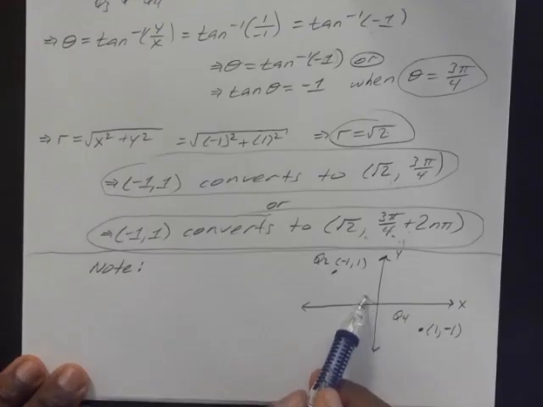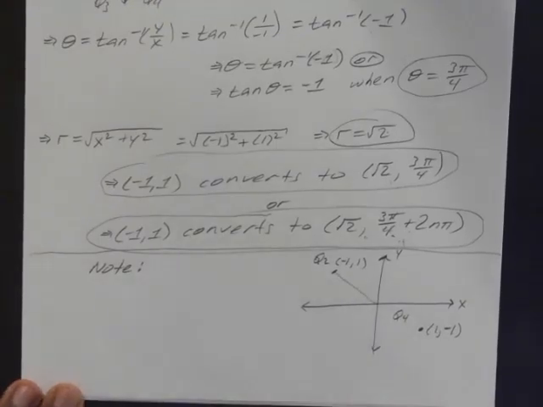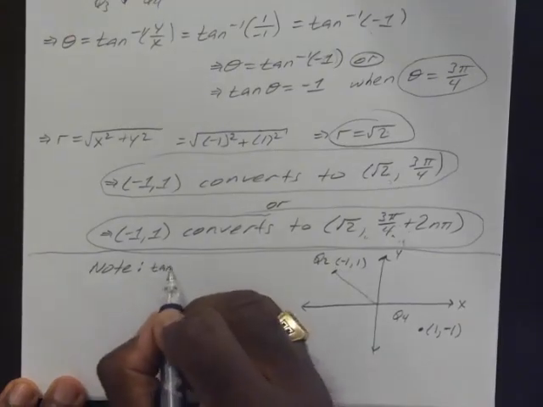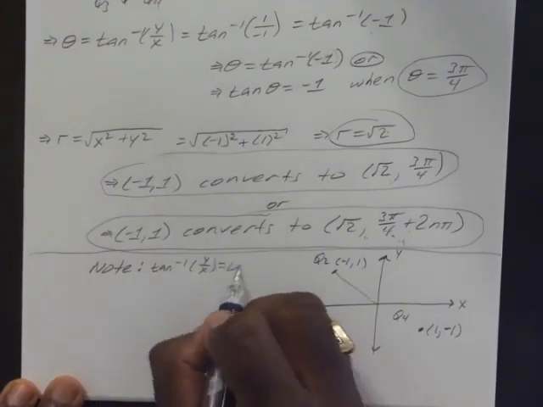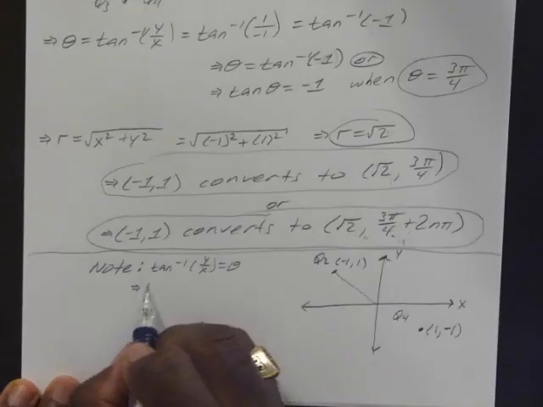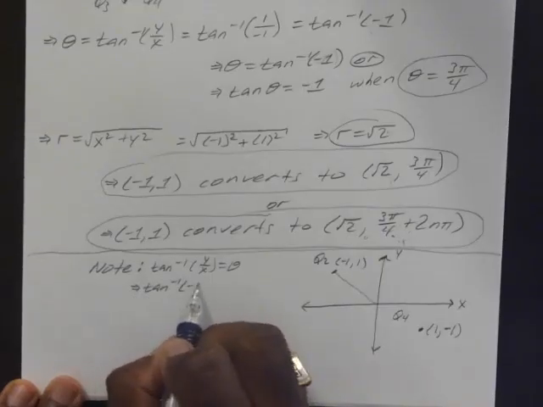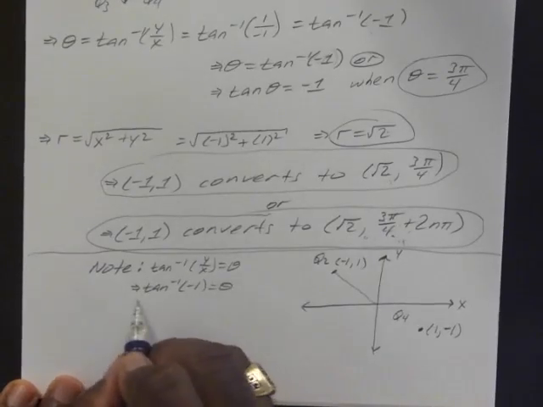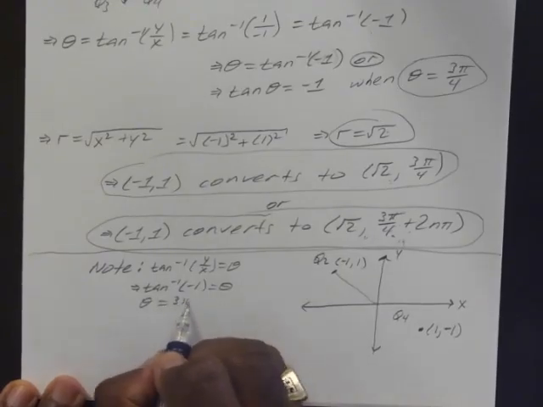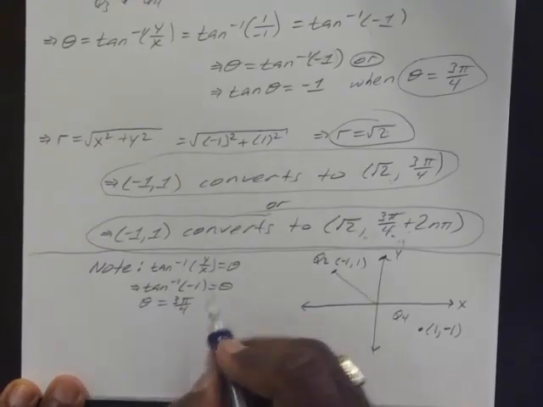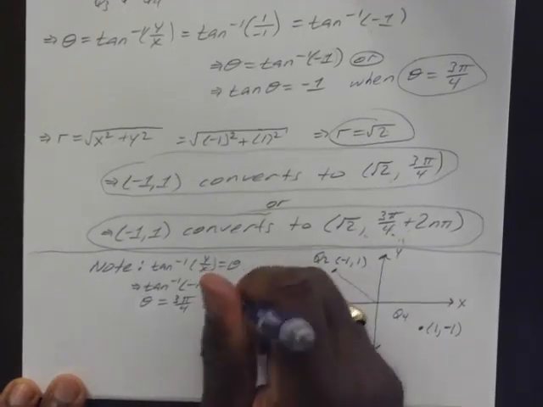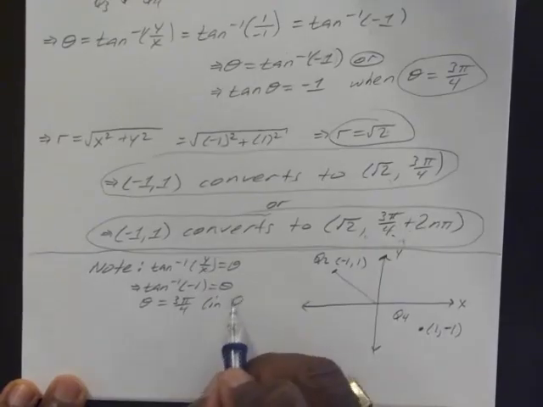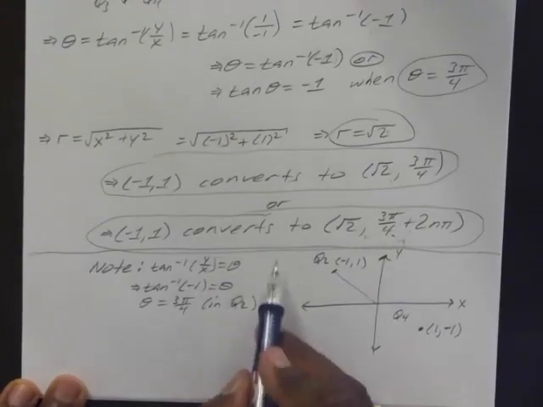Well, we already saw that if it's -1, 1, let's just work it out. Tangent inverse of y over x equals theta. That gives you tangent inverse of -1 equals theta, where theta is equal to 3 pi over 4, but that's in quadrant 2. Okay, that's the one we just did.